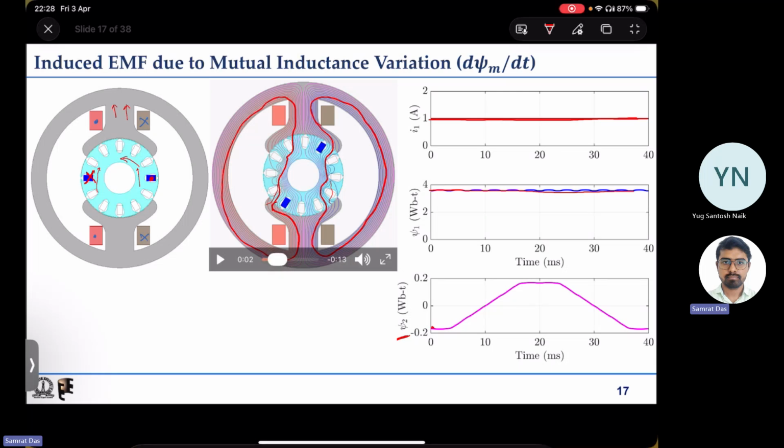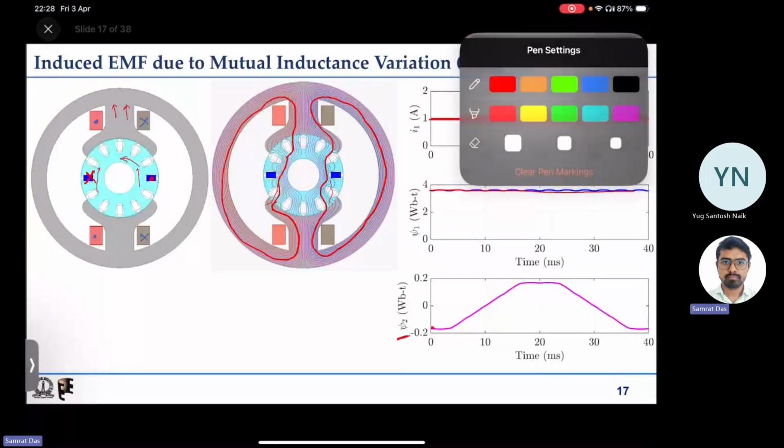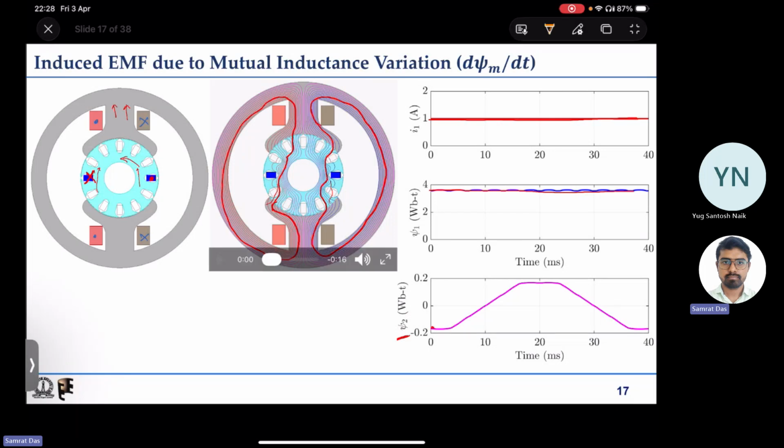Now if I go further forward and reach the perfectly vertical point, then you can see that all the left hand side flux lines are going and flowing like this, they are not linking the coil.